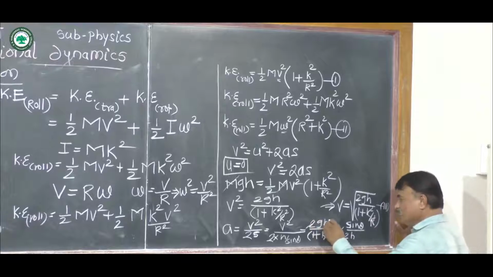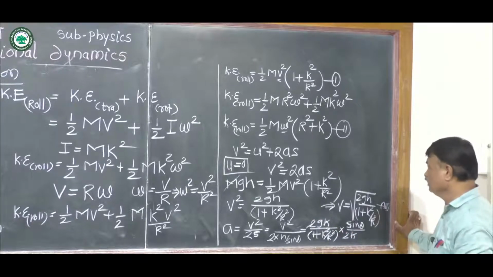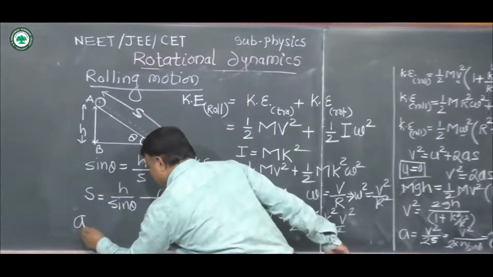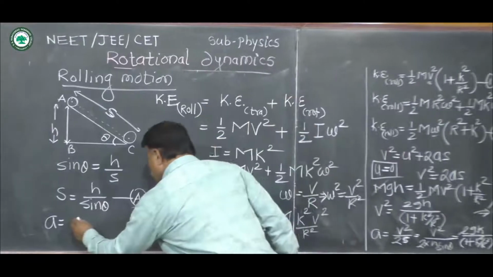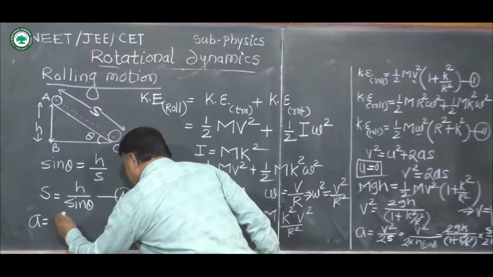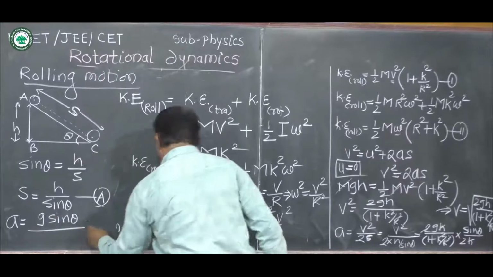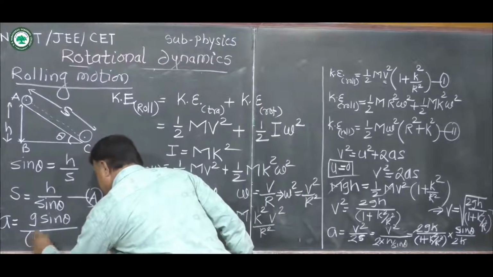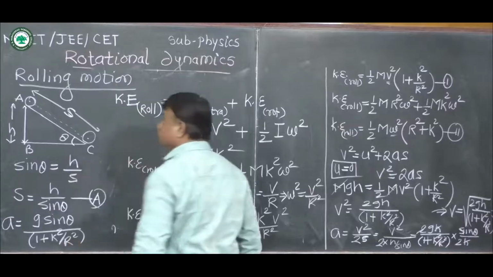Now this 2h gets cancelled and finally we get the relation: acceleration a is equal to g sin theta upon 1 plus k square upon r square.